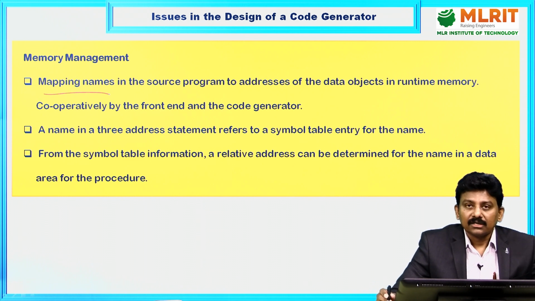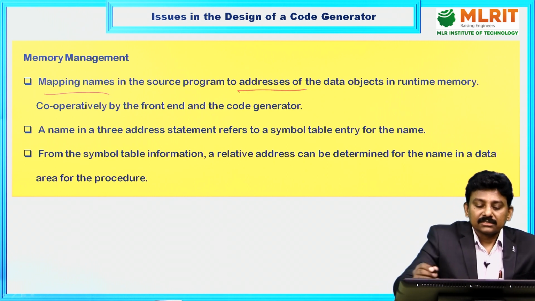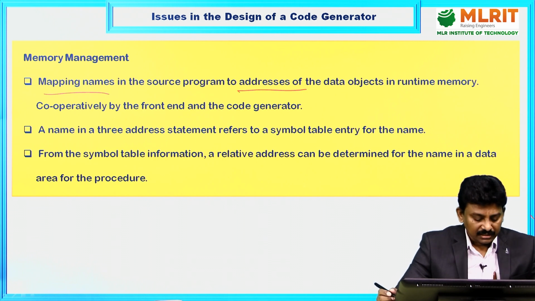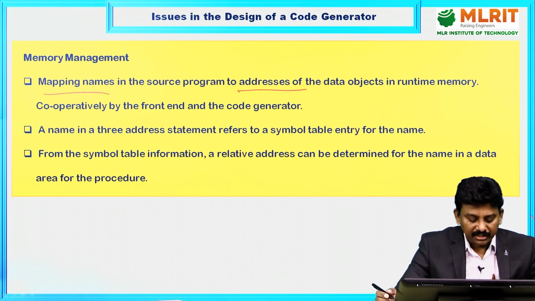Those names are stored in the symbol table by using the addresses generated by the compiler. See here, the front end maintains a symbol table that stores information about variables, constants and functions and their attributes. Each entry in the symbol table corresponds to a name used in the source program.